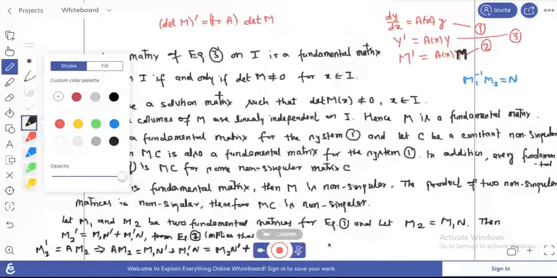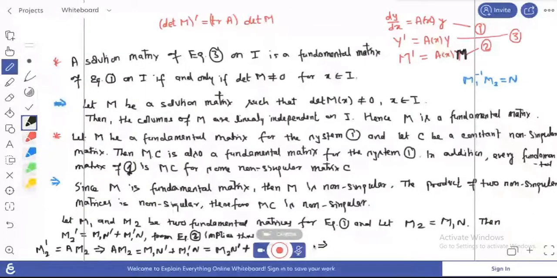So this implies M1N prime, this first term, then plus A, and here this term is AM1N. And what is the value of M1N? M1N is M2. So this becomes AM2.